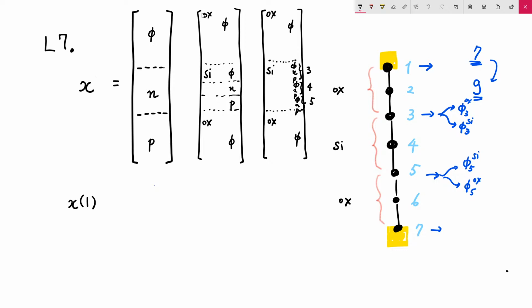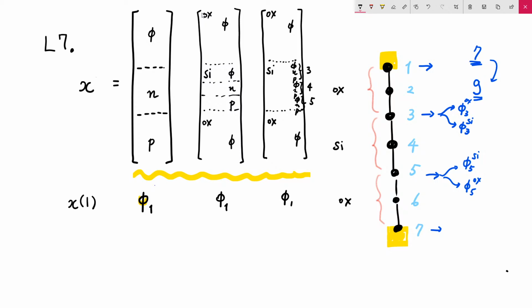Depending on your way of specifying, in this case that will be the electrostatic potential at node number 1. Node number 1.